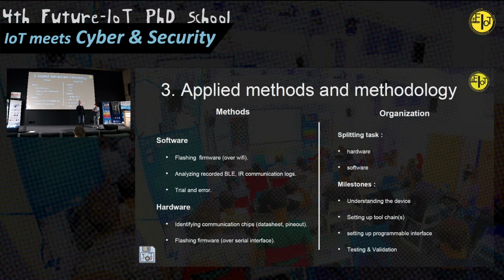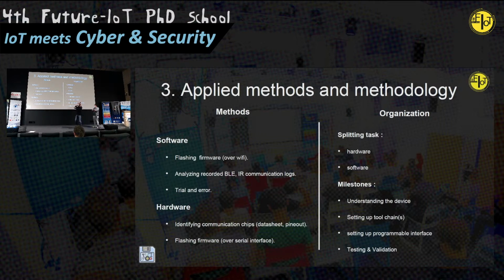First, we tried to flash it via Wi-Fi, which we managed to break the device with. So we had to go down to the soldering level with the hardware. This is the thing right at the bottom. We flashed it successfully a second time, this time into an operable state. That was nice.